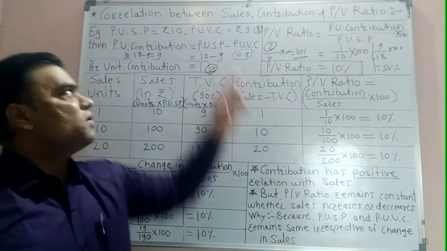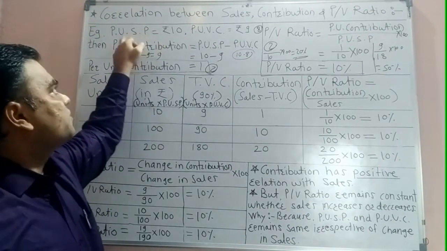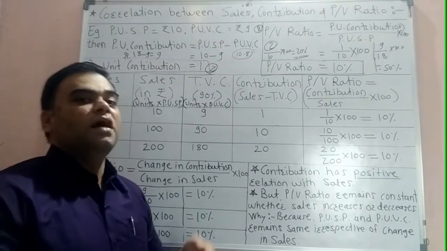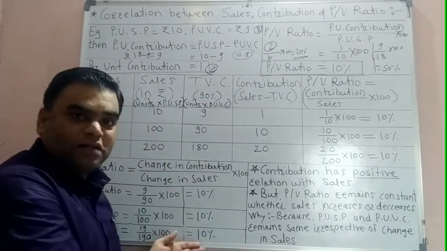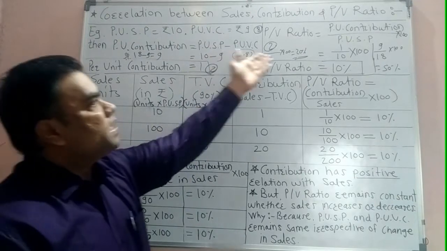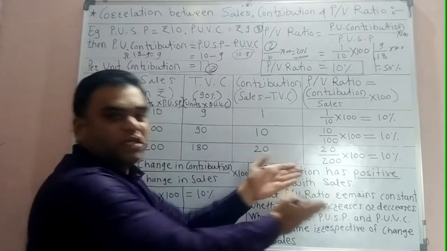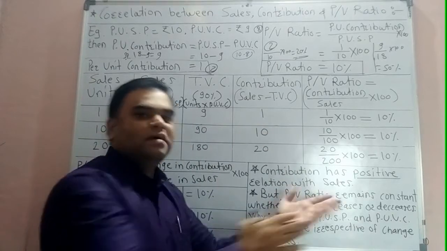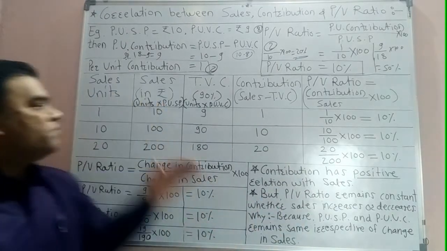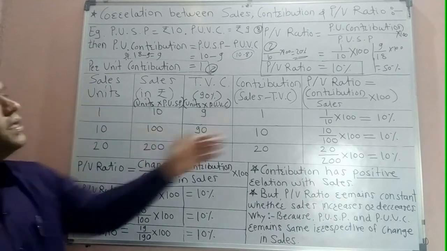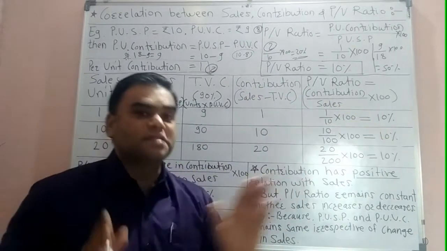Why? Because at all levels your per unit selling price and per unit variable cost are unchanged. That's why whether you increase or decrease the production, your PV ratio remains the same.